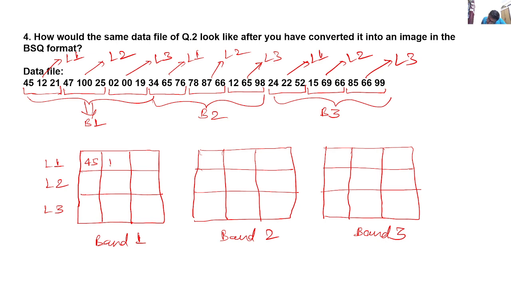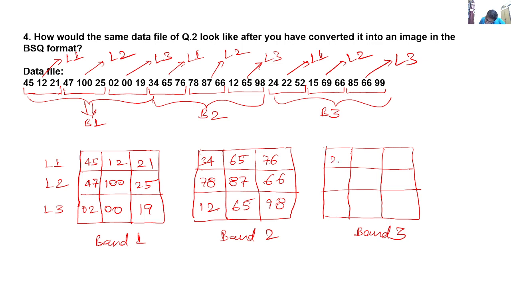So this is 45, 12, 21, then 47, 100, 25, 02, 00, 19, then straight away to the next band, 34, 65, 76, 78, 87, 66, 12, 65, 98, then 24, 22, 52, 15, 69, 66, 85, 66, 99. So this is how we fill it for BSQ, which is band sequential.